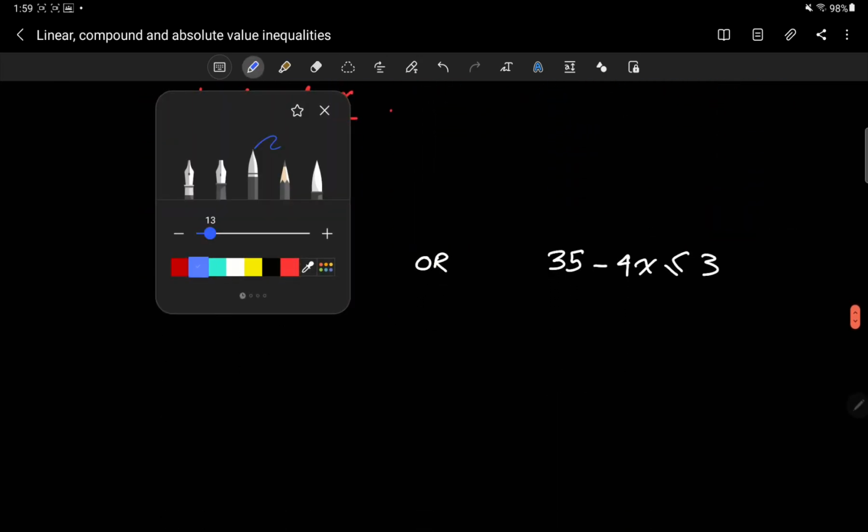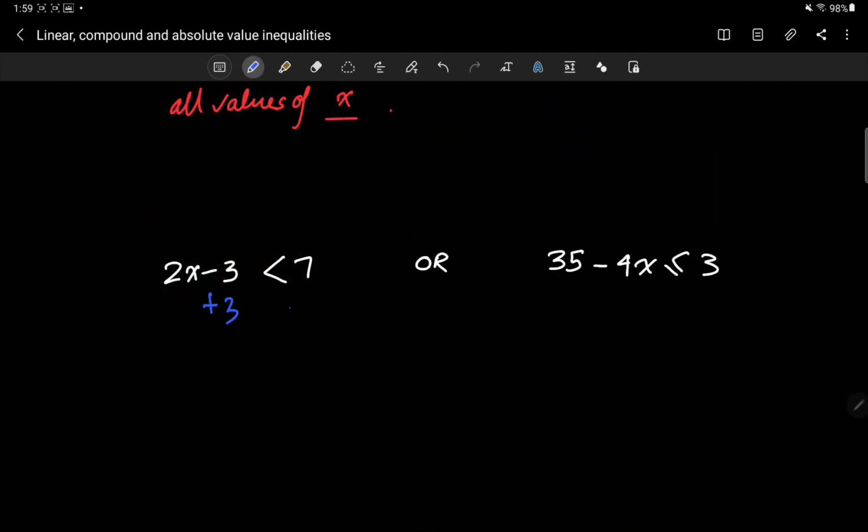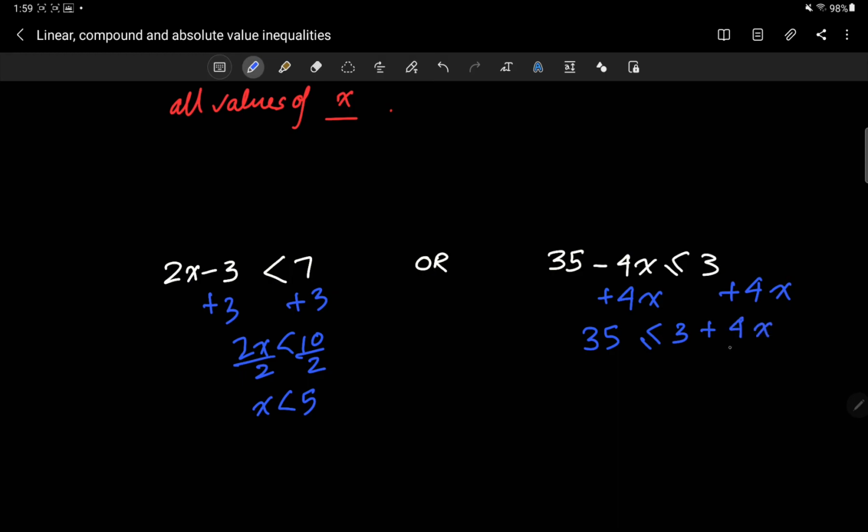Let's look at the second example with an OR. Add 3, 2x less than 10, divide 2, x less than 5. Say add 4x, subtract 3, divide 4.